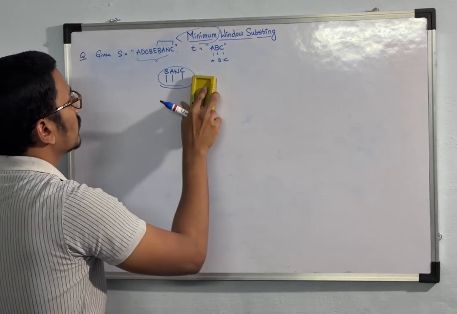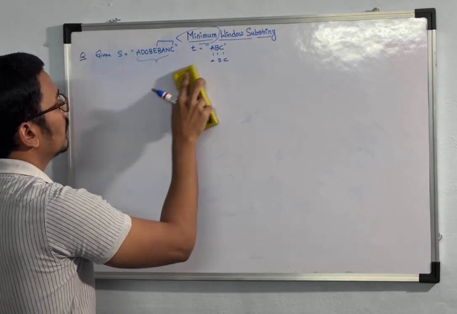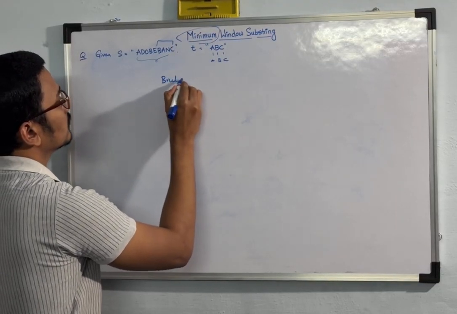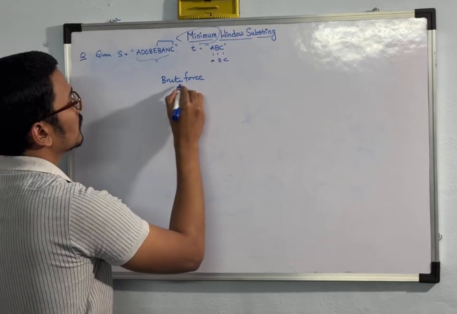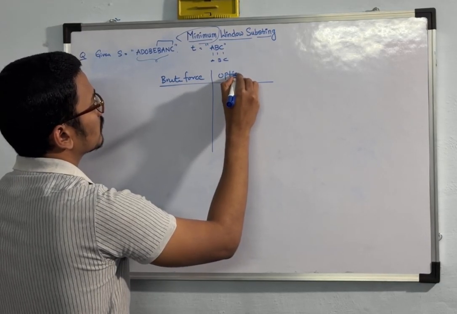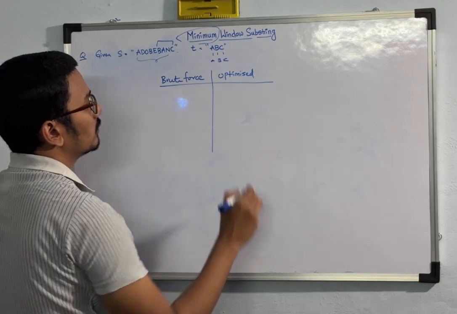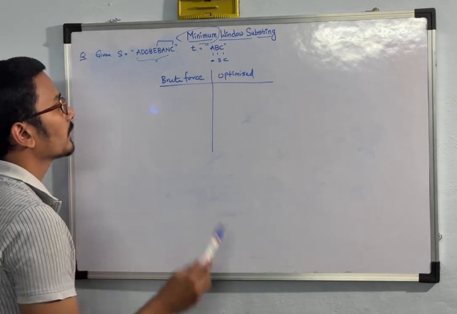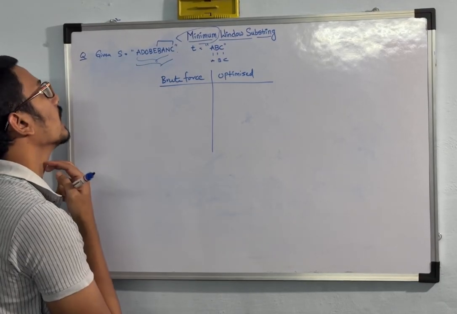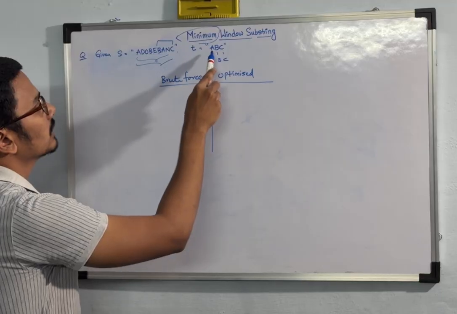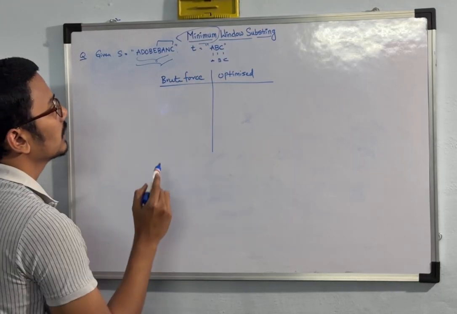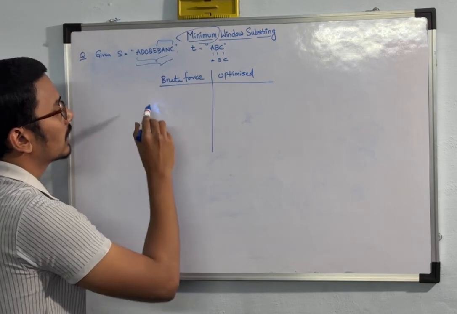So there are two things here. One is the brute force, conventional approach. Another one is the optimized approach. In brute force, we will iterate over the entire string, and however many characters are there, that many iterations we will do to find the answer.